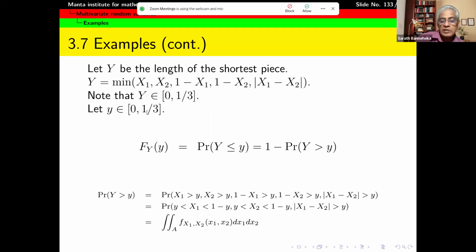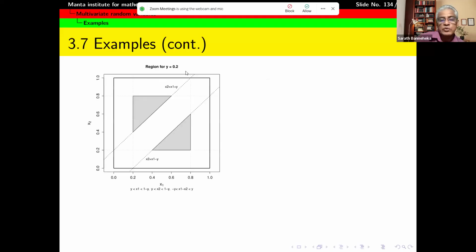In order to draw the graph I need a particular value, so I have considered 0.2, but in general this value will be y, this value will be 1 minus y, and again this value is y, this value is 1 minus y. So x1 has to be between y and 1 minus y, x2 has to be between y and 1 minus y, and then x2 has to be less than this quantity and greater than this quantity.